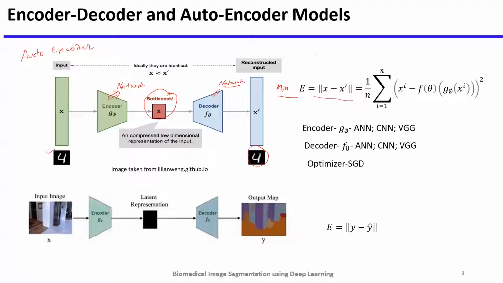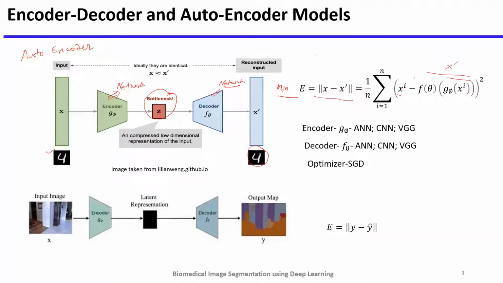So the whole idea is minimizing the error between the original image and the reconstruction. This function represents the encoding function and this represents the decoding function. The decoding function gives you x dash.